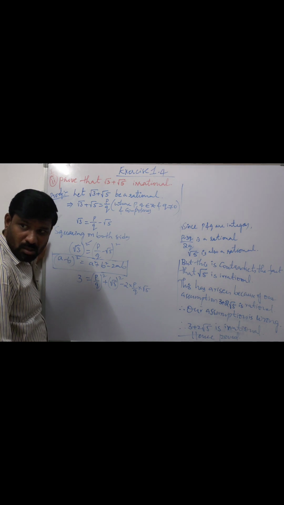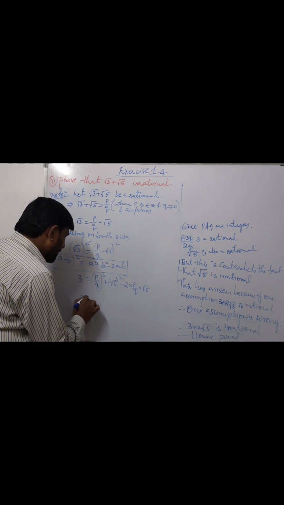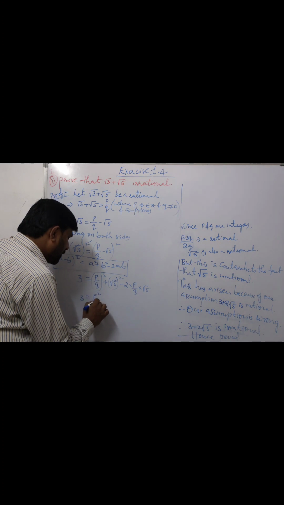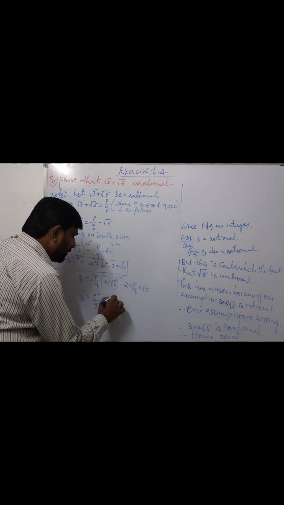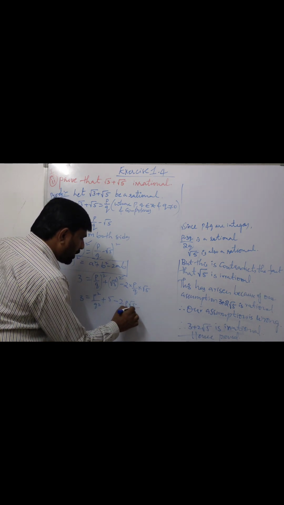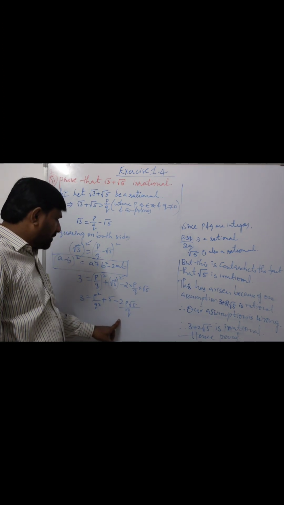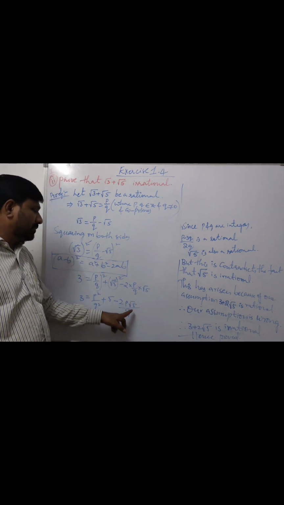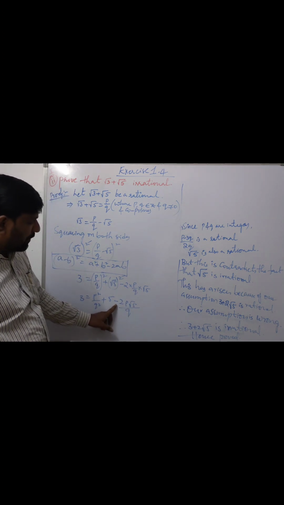Clear? Okay, so now what do we get here? 3 is equal to p square by q square plus 5, as the root gets cancelled, and minus 2p root 5 by q. Done. Now in the RHS, in the third term there is a root 5 with a minus symbol.